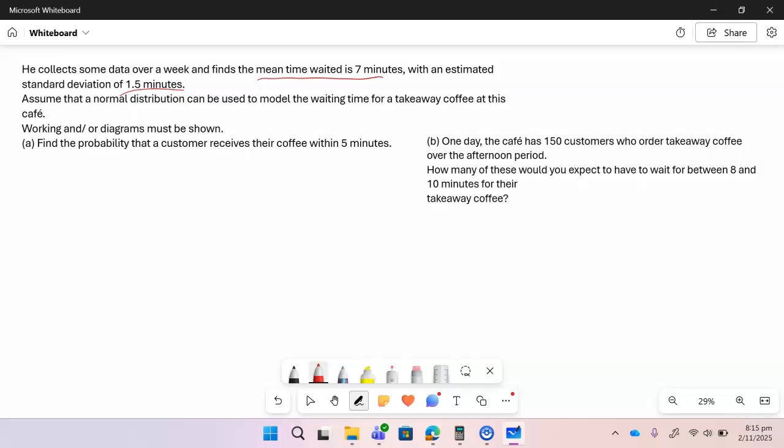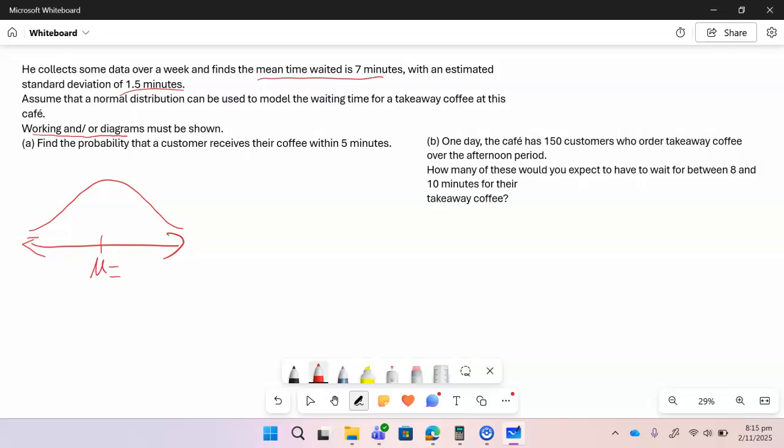Assuming that a normal distribution can model it, find the probability that a customer receives their coffee within 5 minutes. So start by sketching a curve. It's interesting that they've literally asked you to do a diagram.